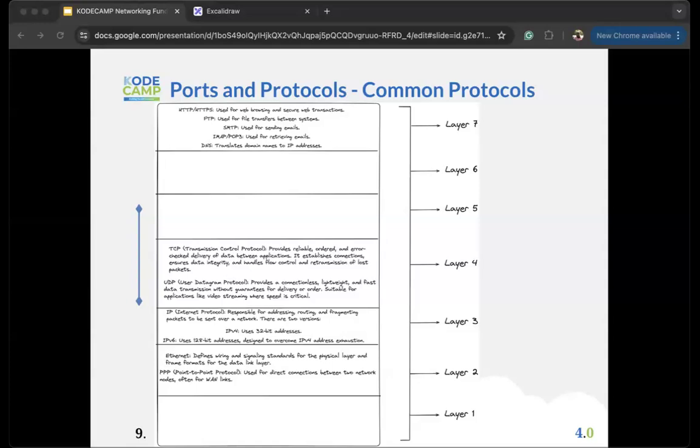And then UDP, which is more connectionless and lightweight, but faster. You also have the IP protocol on your network layer, and you have your Ethernet protocols on your data link layer, right? So different protocols perform and set the standards of communication on different layers of your networking model, in this case, your OSI model. Okay.